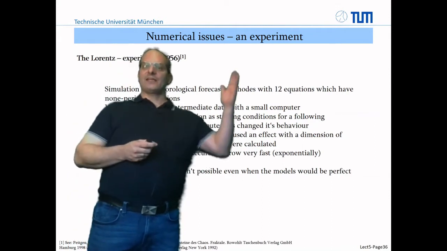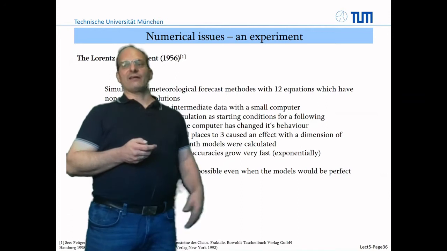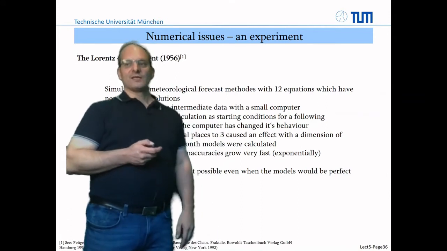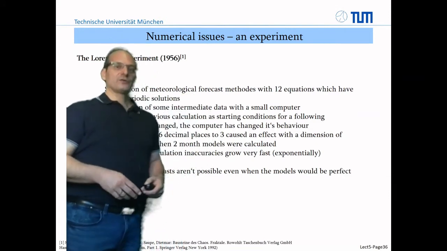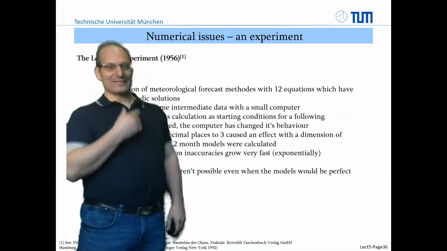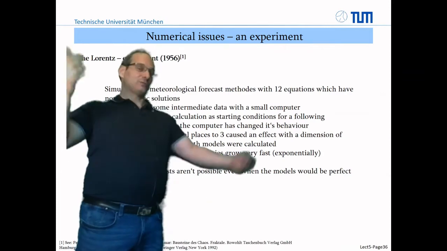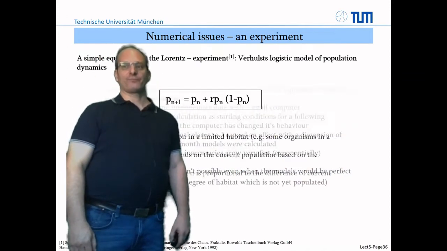He did these simulations and found out that there is a really big effect in long-term forecasts, so that it is not possible to do this with these machines. You can now say, okay, 1956, a long time ago. So let's have a look at what happens now, because with double precision or something like that, it will not happen.